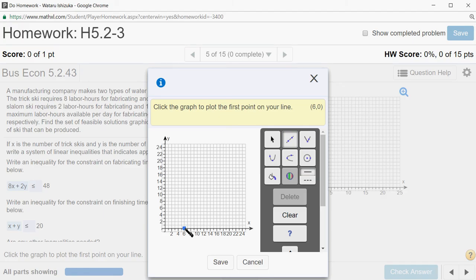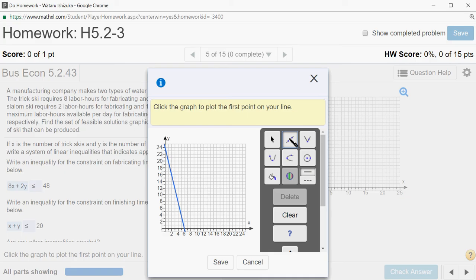Then to find the y-intercept, we set x equal to 0. So 2y has to be equal to 48, so y is 48 divided by 2, which is 24. So you go up to 24 and click there. That's the first constraint.